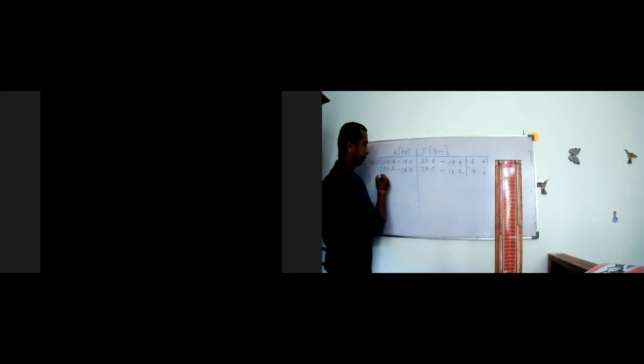What is the difference? 28 minus 18.2 is 9.8, right? Here, 7.4, right?